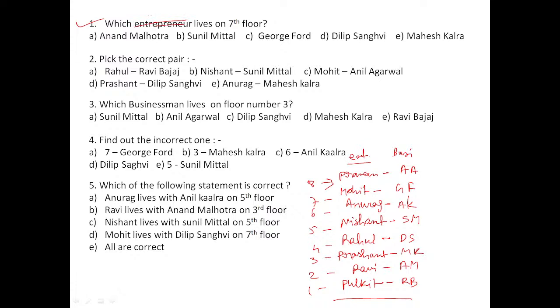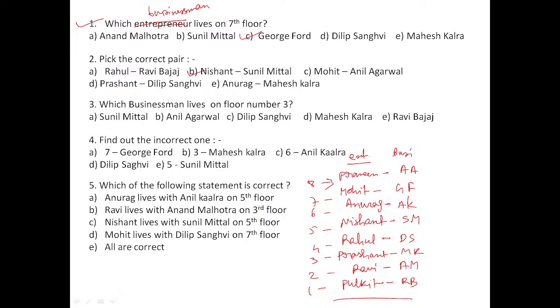This is not entrepreneur, this should be businessman. Which businessman lives on the 7th floor? This is GF, meaning George Ford. Option C is the answer. Pick the correct pair here. Rahul, Ravi Bajaj, no. Nishant, Sunil Mittal. Yeah, this is correct.